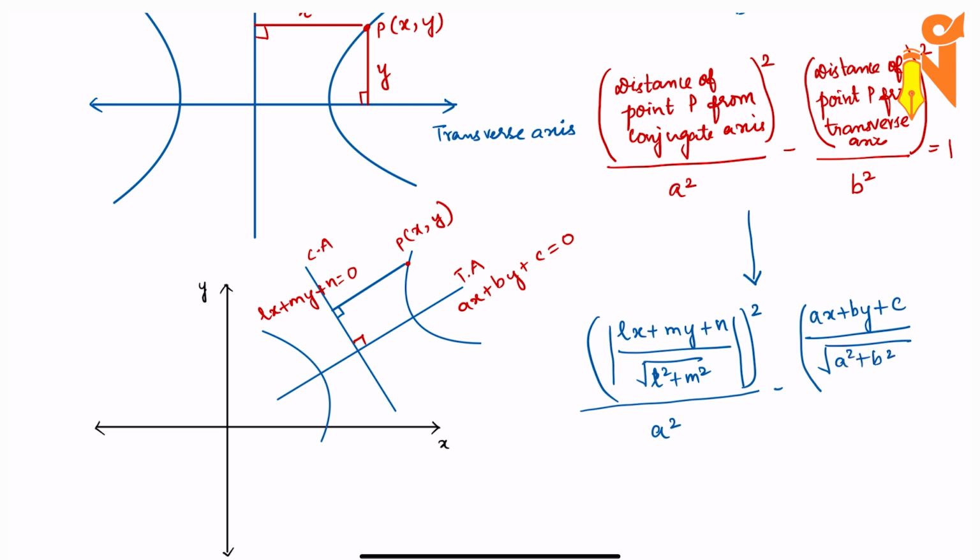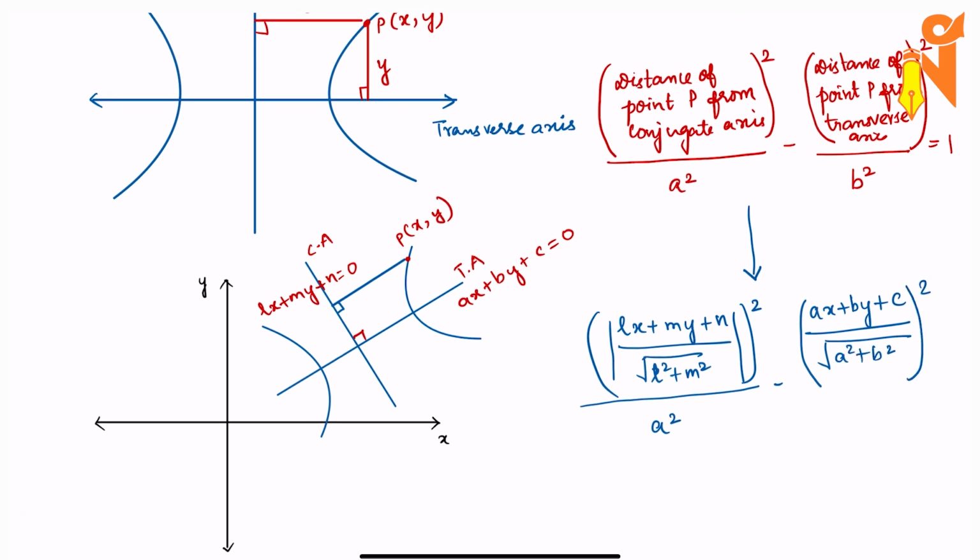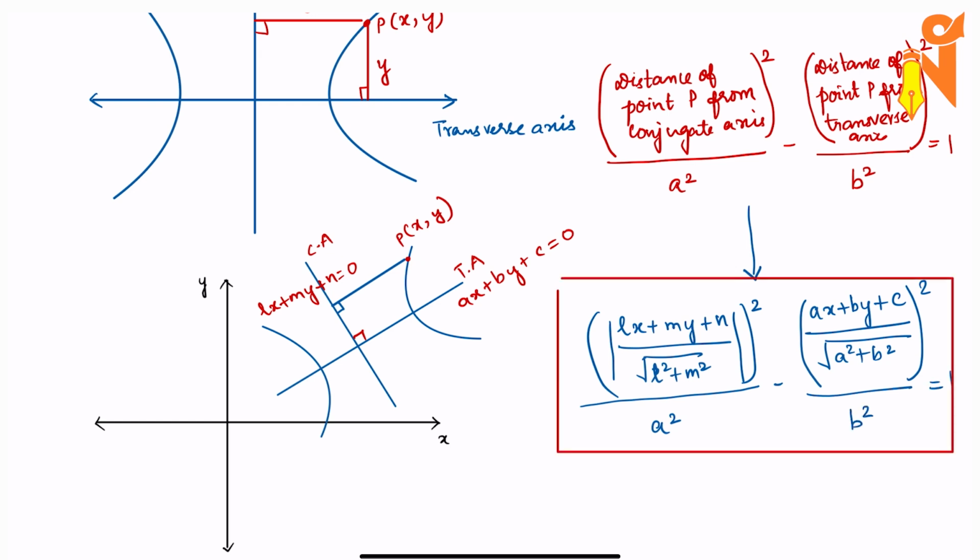Mod will be there, but since we are squaring it, we don't have to write it. Whole square by b square is equal to 1. So this is the equation of the oblique hyperbola.